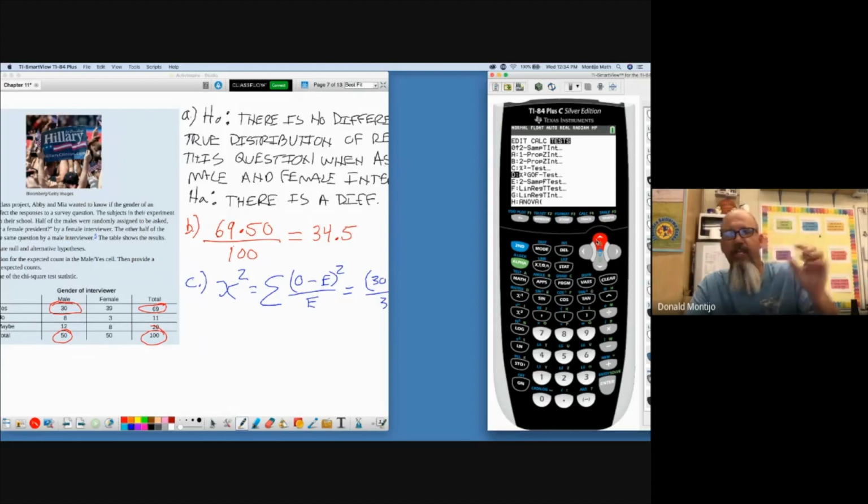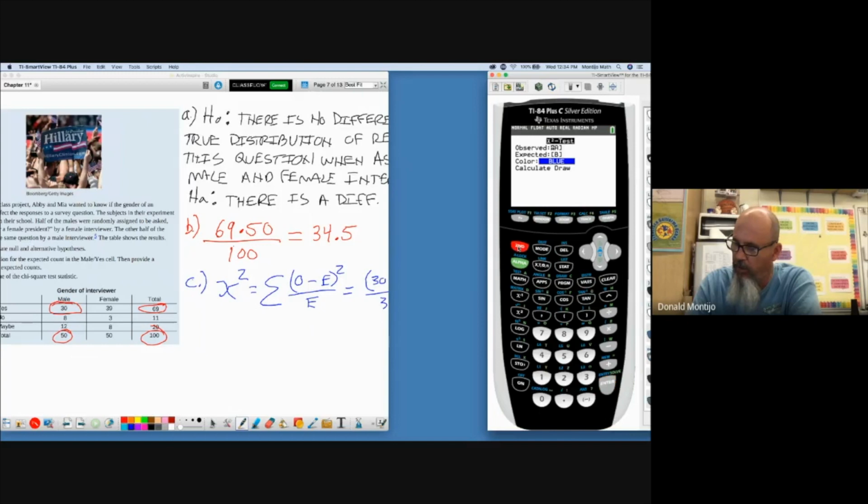Remember, the goodness of fit is when we have one singular variable that we're looking at. The chi-squared test is the one that we want to use. And it's going to ask us to input the data into matrices. So our observed is in matrix A. Okay. So we need to go in and check out our matrices.